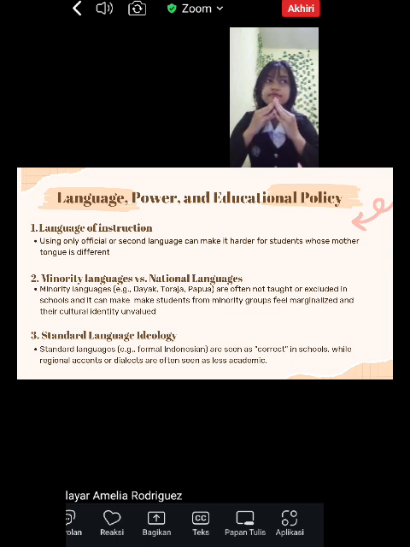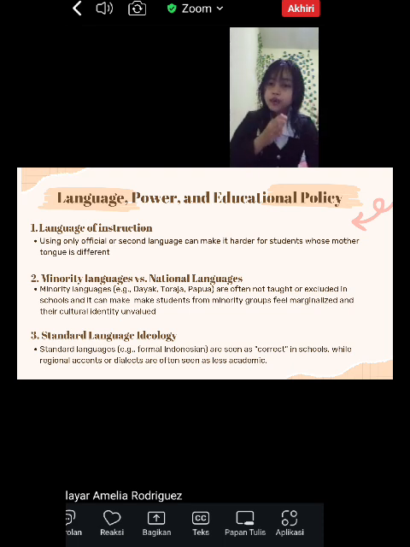An example of this situation is in rural Papua, where there are many young students who only speak the local Papuan language at home and in their neighborhood.